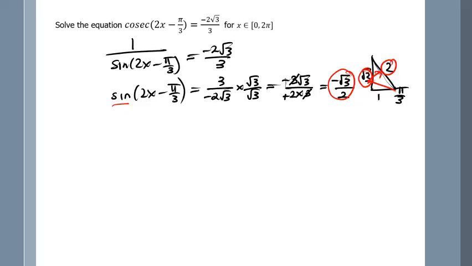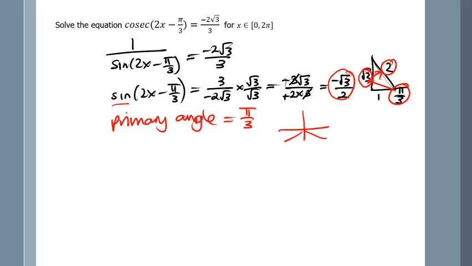Sine is opposite over hypotenuse, so my primary angle is pi on 3. However, we want it in the quadrants where sine is negative. So if we think about that, sine is negative in the last quadrant and the second last quadrant.